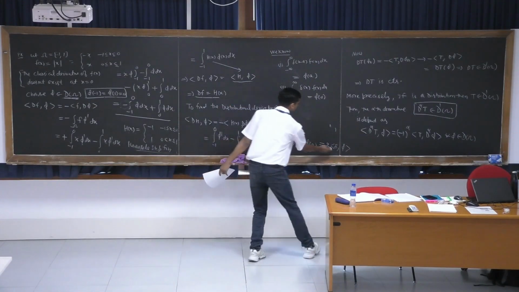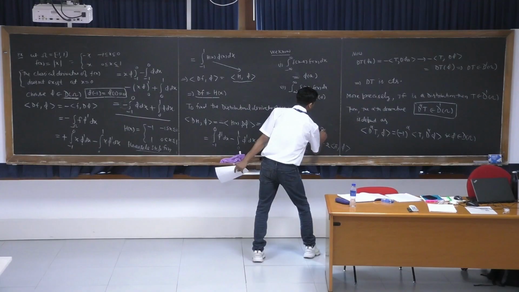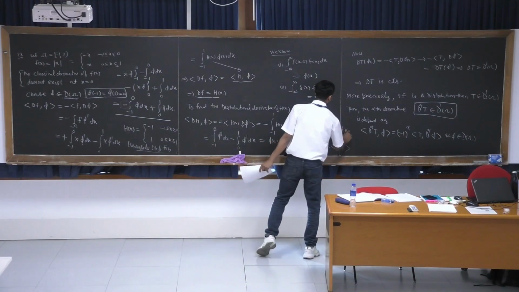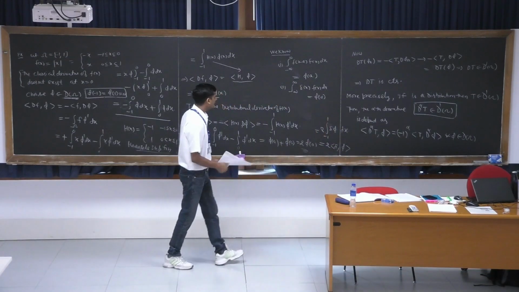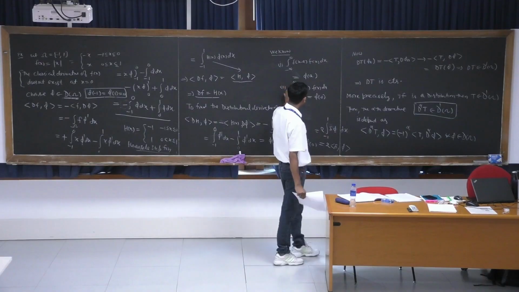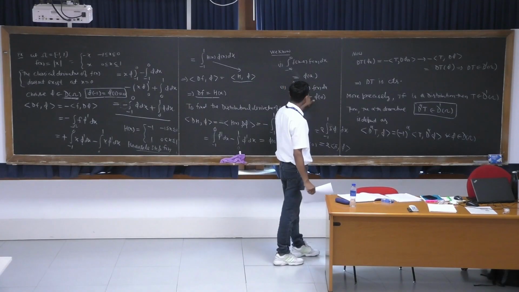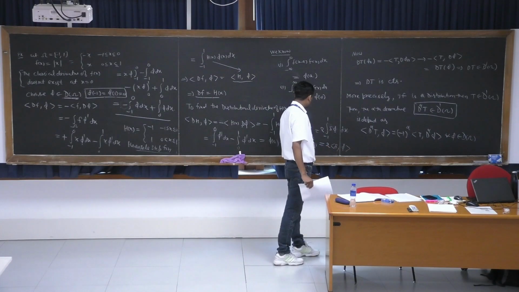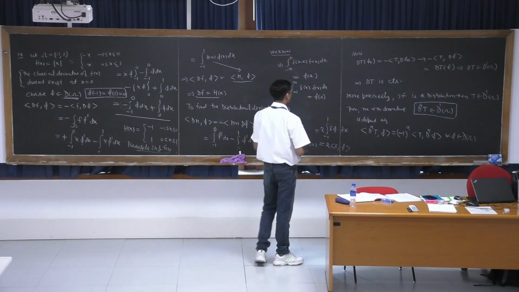When you define this, this is equal to what? This is twice the integral from minus 1 to 1 of the Dirac delta times phi dx. And apply this one. This is from minus to plus infinity, but this is also the same, there is no problem. So when you apply it here, this value is phi of 0, so that is equal to phi of 0 and 2 is the same.